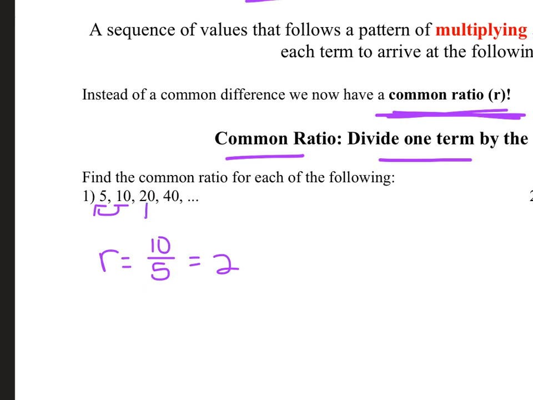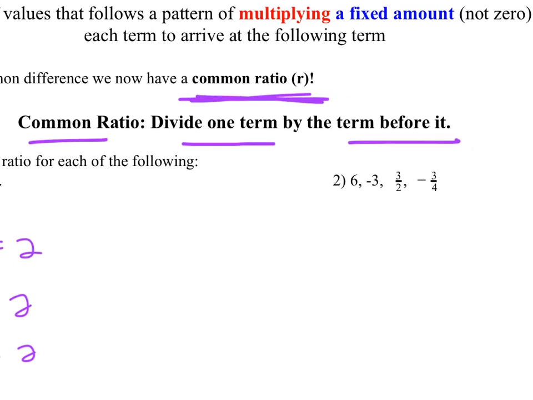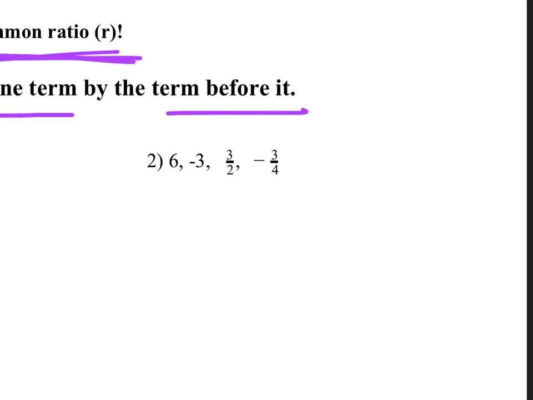And we could do it this way, 20 divided by 10, or 40 divided by 20. So it's going up by multiplying by 2. A common ratio is what we multiply by to get to the next term, and that constitutes a geometric sequence. So geometric is multiplying by something.